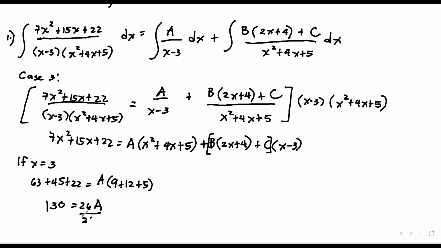Divide both sides by 26. Therefore, a is equal to 5. A equals 5. Okay, so equating coefficients again.